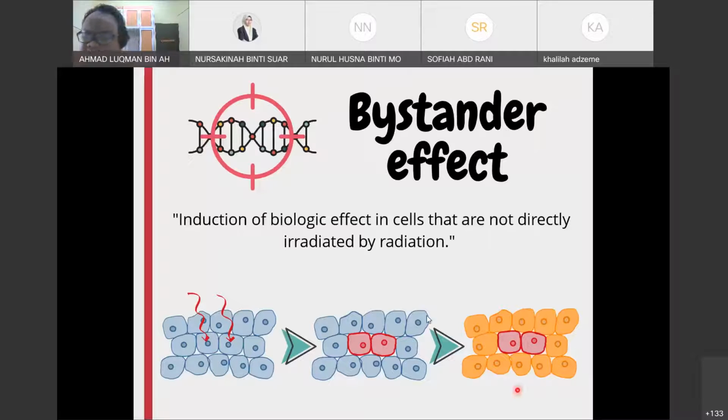As you can see on the slide, the radiation is exposed to these 2 cells, and then, because of the bystander effect, the other surrounding or neighboring cells are also affected.